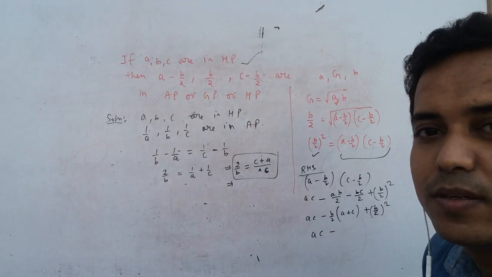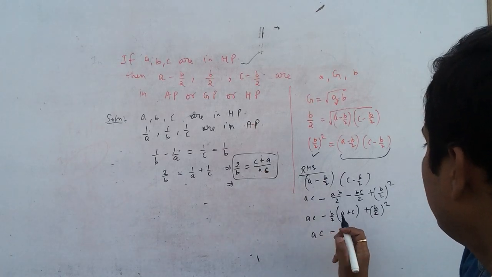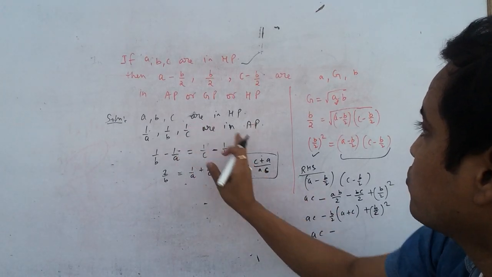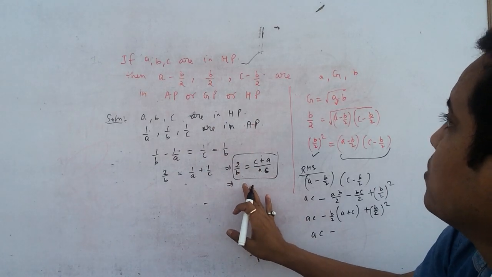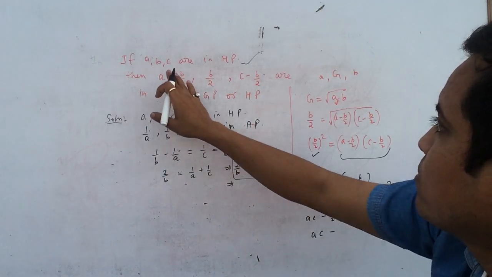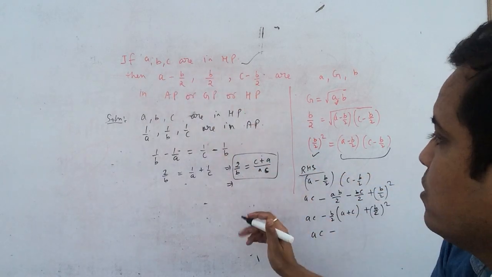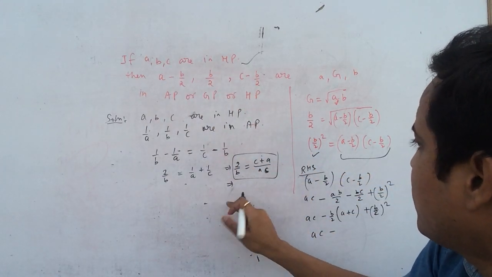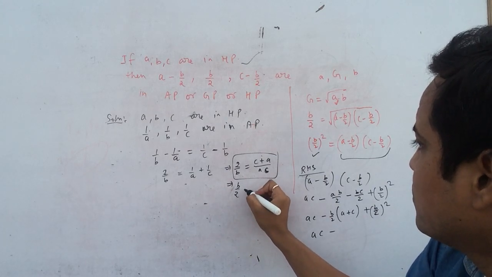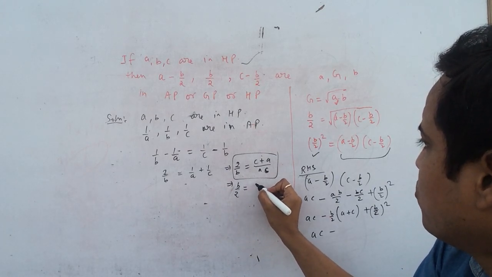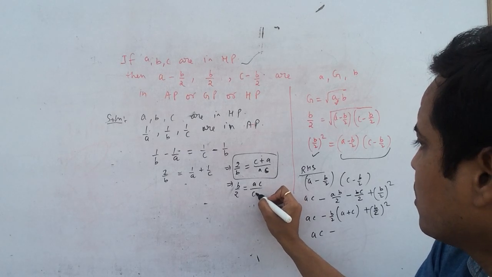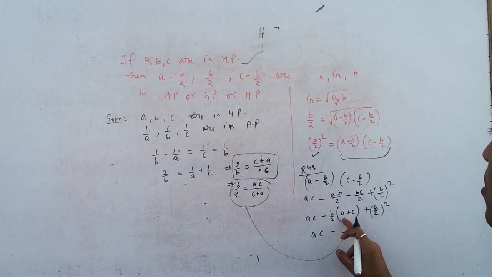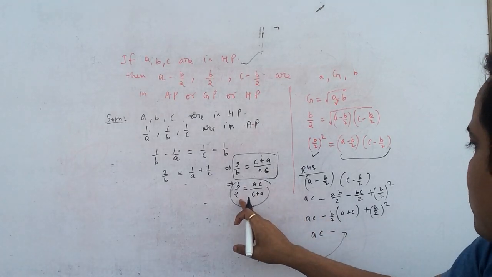Now take the reciprocal here, because you have to use the result you got from A, B, C being in HP. So we can do 2 by b, get the reciprocal, and you will get b by 2 equal to AC upon C plus A. You can use this result here.